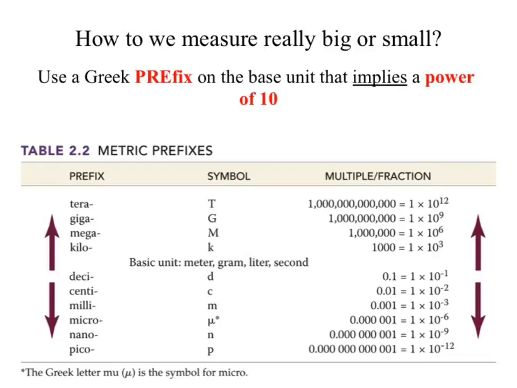The centi just meant 10 to the negative second. If I'm looking at centimeters, then it implies 10 to the negative second meters. Use the Greek prefix and equate it directly to the power of 10. When we work with our conversions, that helps solidify and ensure that you get the correct answer all the way through your conversions.